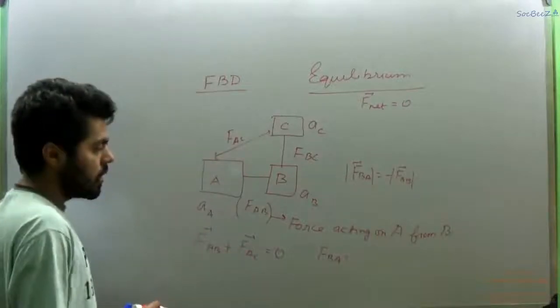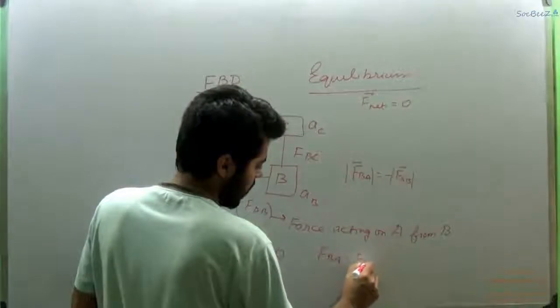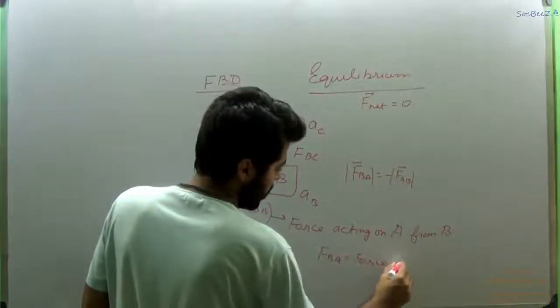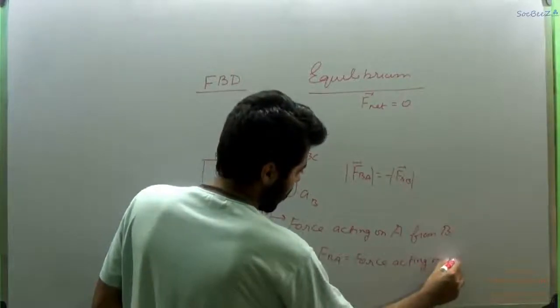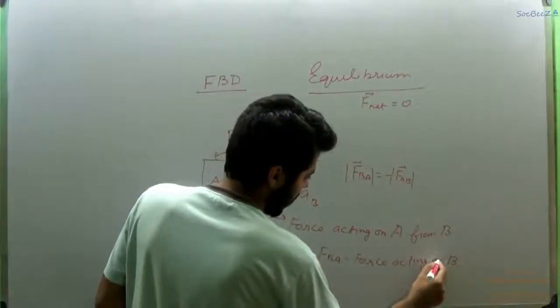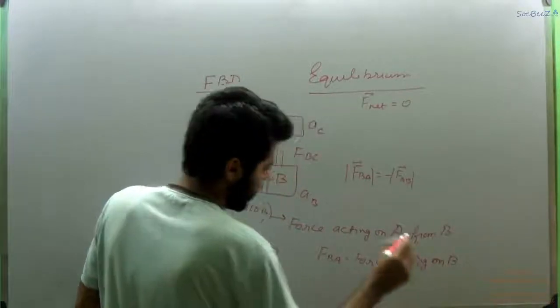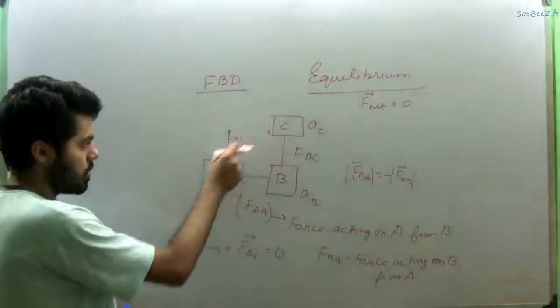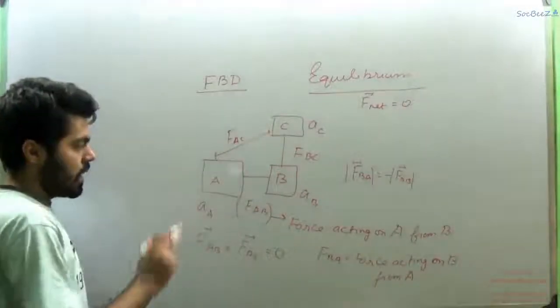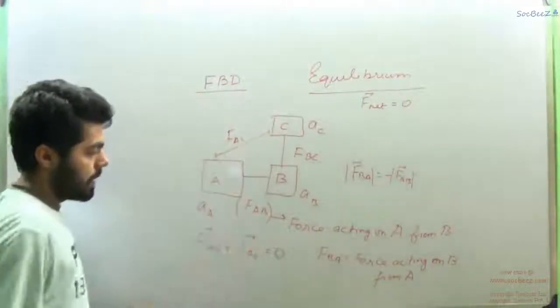It's clear from Newton's third law. So this will be the force acting on B from A, and similarly AC is the force acting on A from C, and there will be a force CA that will be acting on C from A.